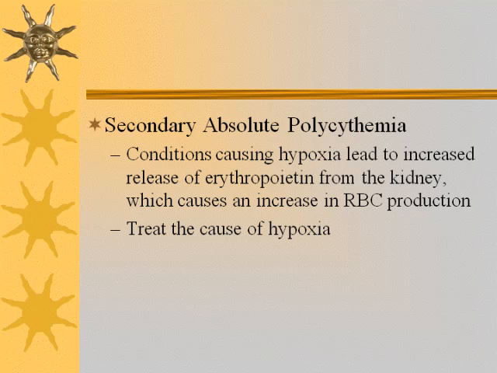The main way you treat this is to treat what's causing their hypoxia. If they have a chronic lung condition, maybe they need to be on oxygen. It's not that they're necessarily lacking red blood cells. Because they lack oxygen, their body compensates and says, our oxygen level is low, we need to make more red blood cells. That's not necessarily true, but that's how the body responds.